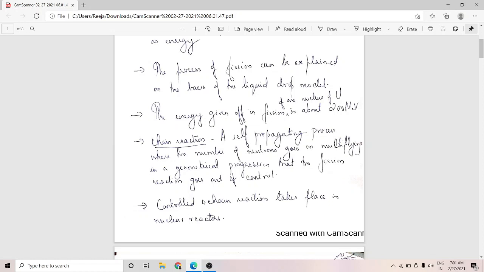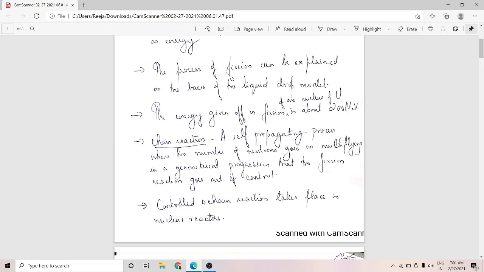Similarly, in the nuclei, when the nucleus is excited, here again there's a surface tension force which holds the nucleons together in the nucleus. At the same time, there are repulsive forces, that is, the repulsive force between the protons in the nucleus.